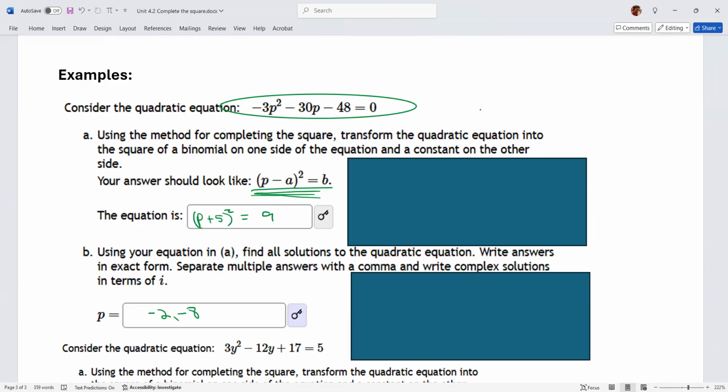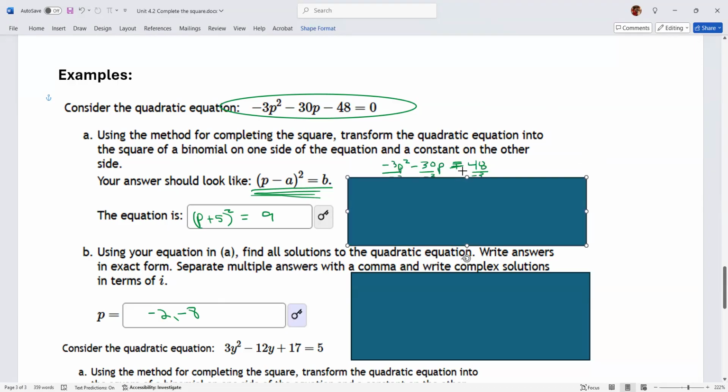So remember, what you want to do is isolate the p terms on one side, the constant on the other. So the first thing you might do is add 48 to both sides. And then I want to get rid of the negative 3. That's the coefficient. So I divide everything by negative 3 because a negative divided by a negative is a positive.